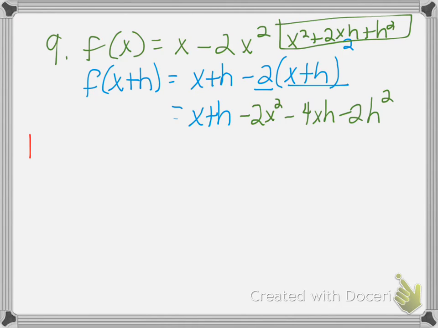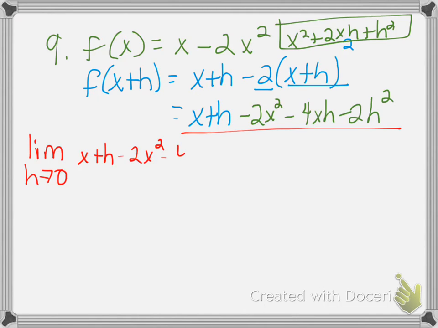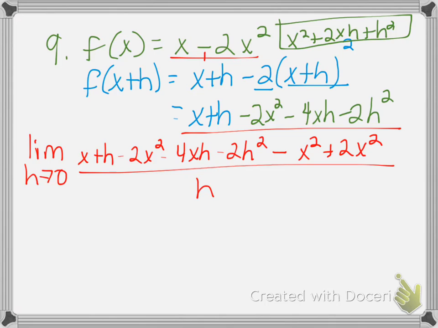So now if I do my formula, the limit as h approaches 0 of f of x plus h, which is all that, minus f of x, which is all that. It was a minus, that's the reason I changed that sign right there, all over h.